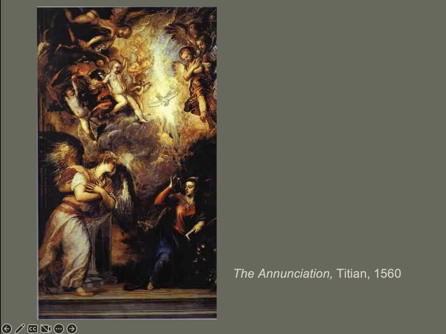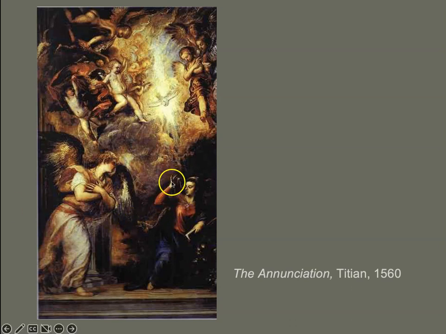And then this is celebrating heavenly glory. So what we're seeing is the Annunciation, the moment where Mary is being told by an angel that she is going to have Christ. You can see this little dove coming down kind of as a symbol of heavenly splendor. Notice the emotion that's present on the faces. Very dramatic scene. So we're seeing the moment of the drama happening, which is a little bit different from what we've seen before.